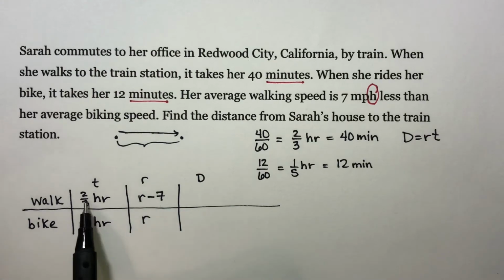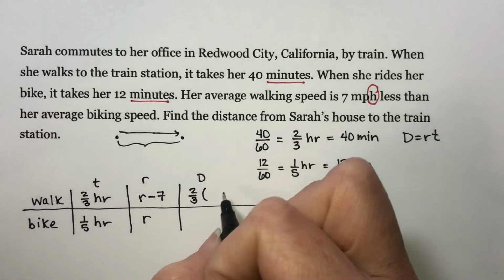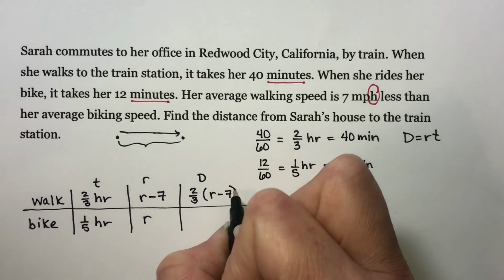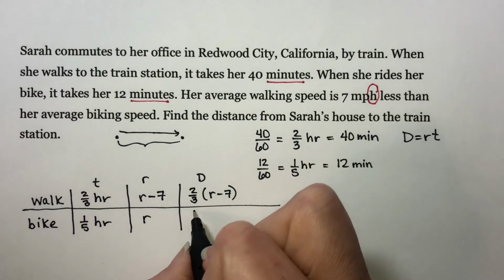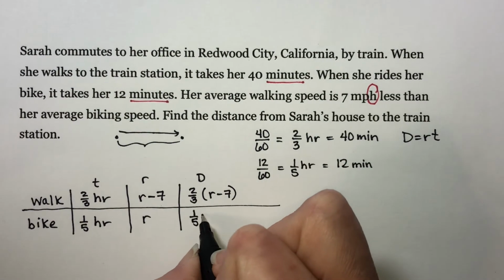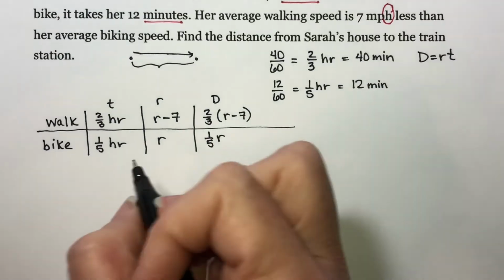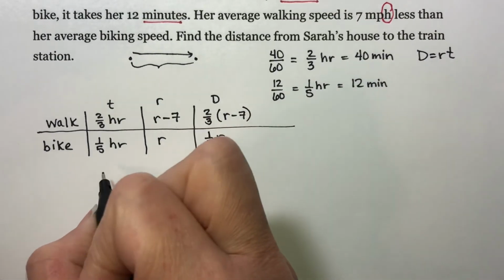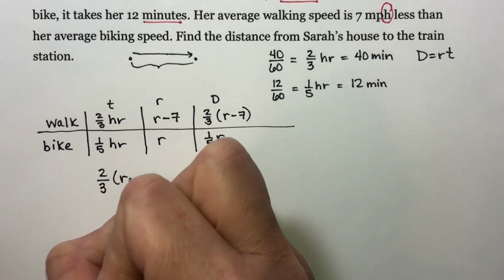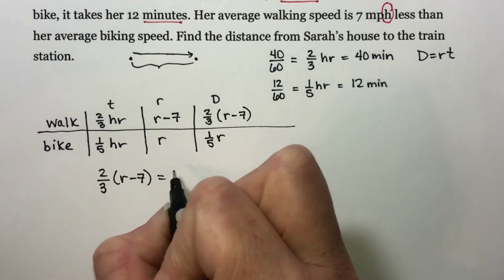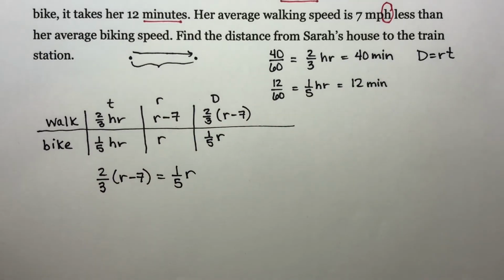So rate times time: 2/3 times R minus 7. Rate times time: 1/5 R. These distances should be the same, so simply set them equal. And we need to solve this.